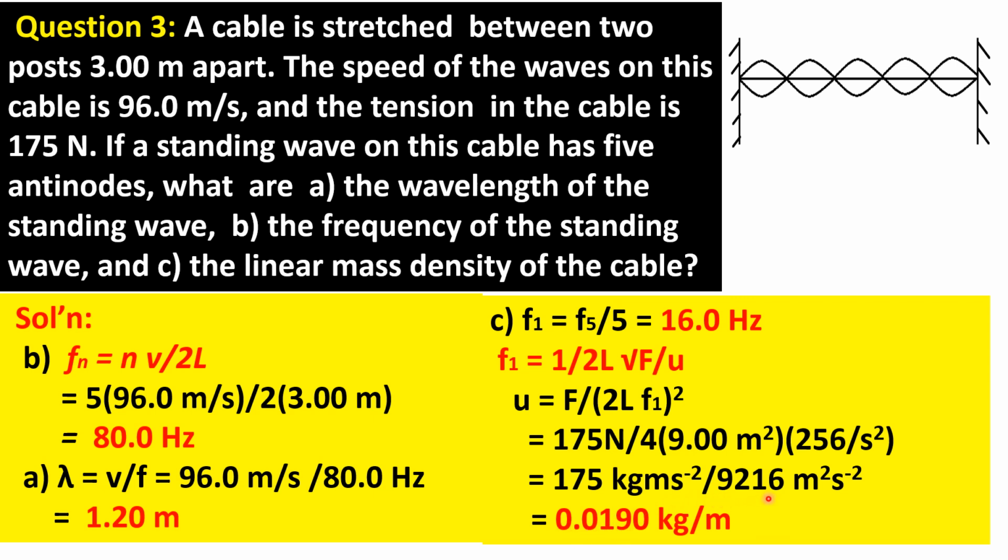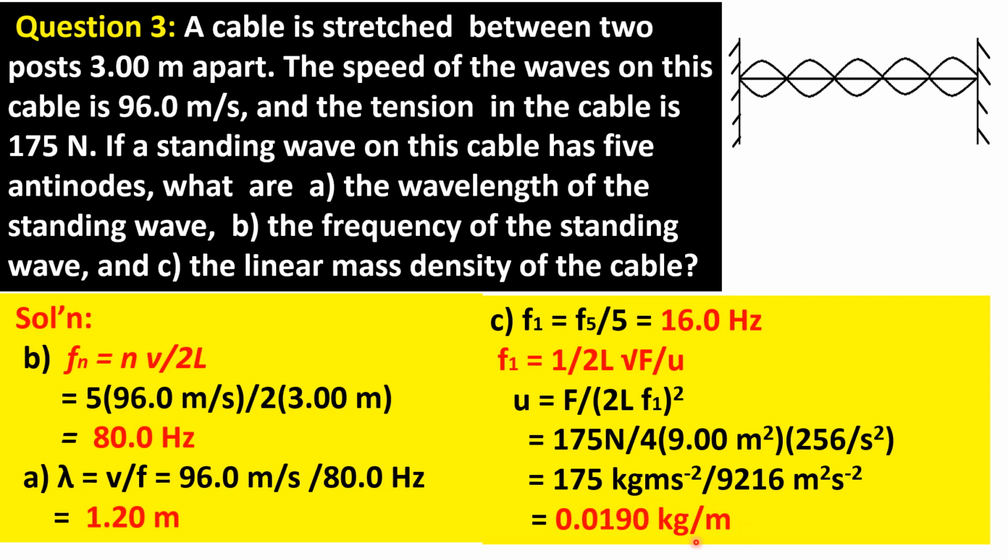And you notice the meter in the numerator cancels, and that leaves us meter in the denominator, while the per second squared, that's the meaning of second raised to the negative 2, simply cancels out. And our final value and unit for the linear mass density mu is equal to 0.0190 kilogram per meter.